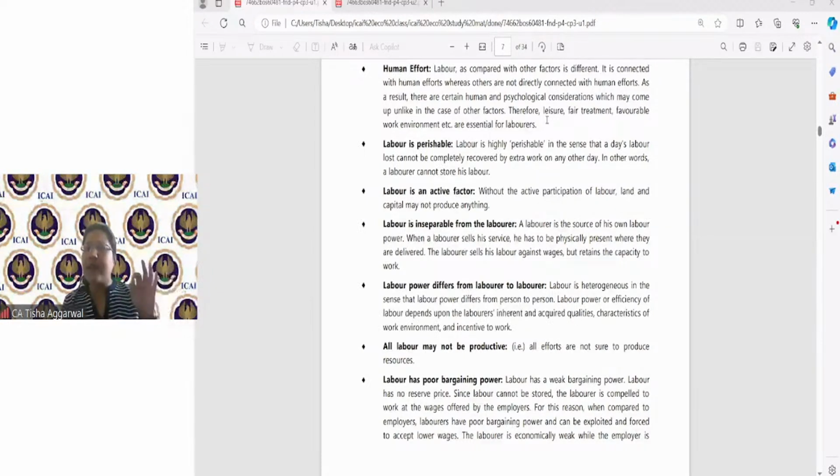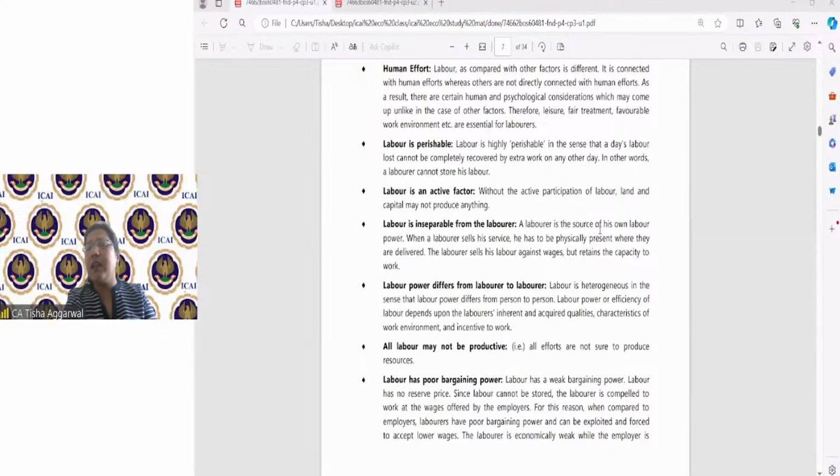So it is inseparable from the laborer. Next, labor power differs from laborer to laborer. That means it is heterogeneous. And because it is heterogeneous and varying, you have to have efficiency and incentive to work. Labor power differs from person to person.